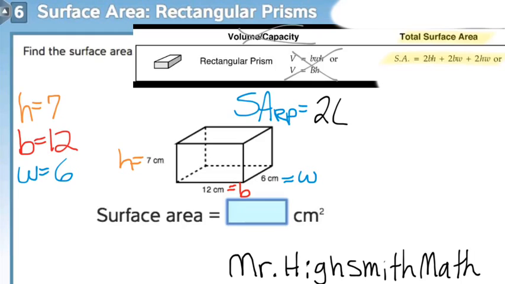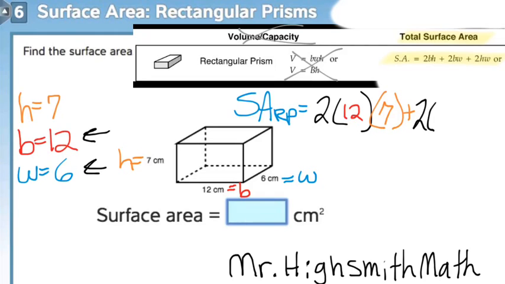Alright, 2 times 12, because that's the base, the B is 12, and the H is 7. So it's going to be 12 and 7 first. So 12 and 7 plus 2 times BH, so it's going to be 12 and 6 next.